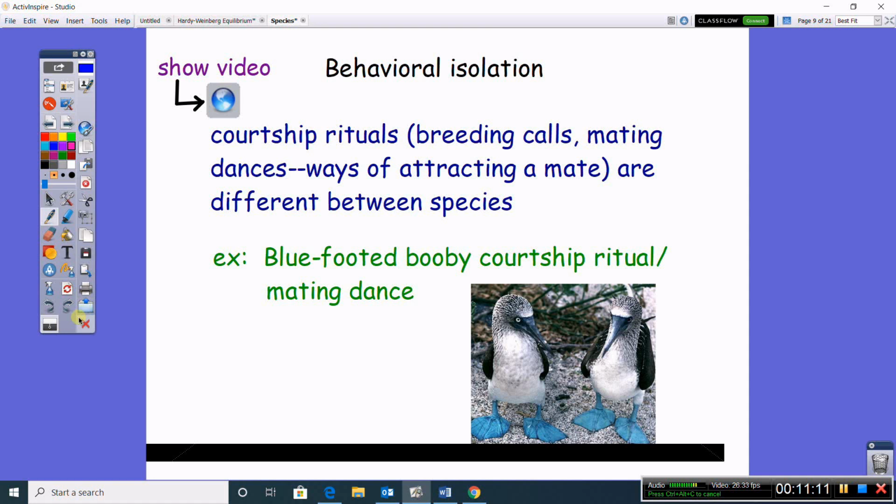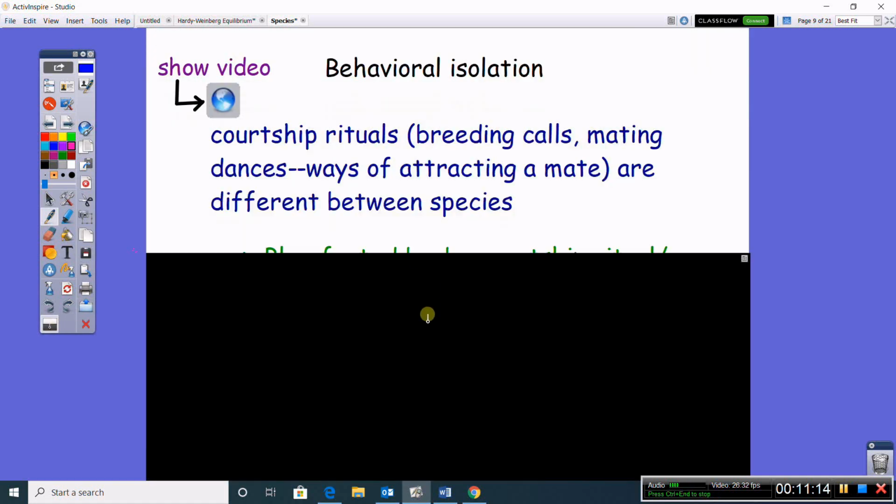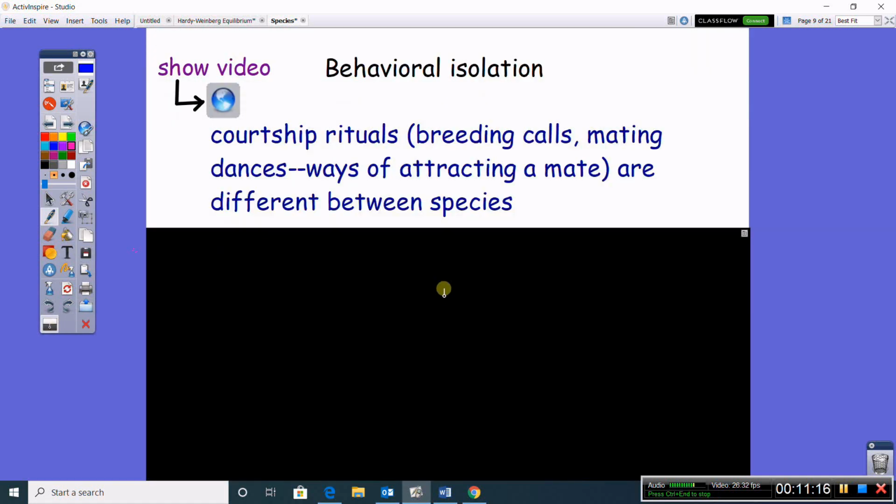All right, behavioral isolation. Let's just do a little description first. This is with courtship rituals. So this could be breeding calls, this could be mating dances. Ways of attracting a mate are different between species.